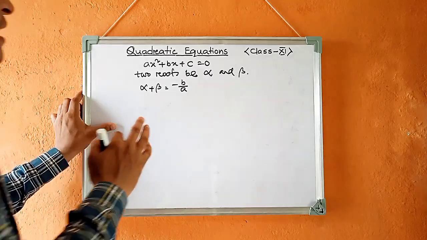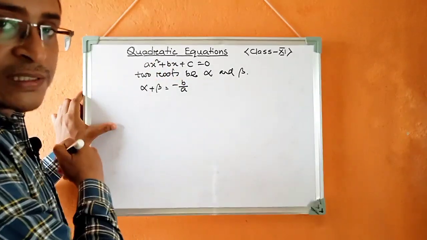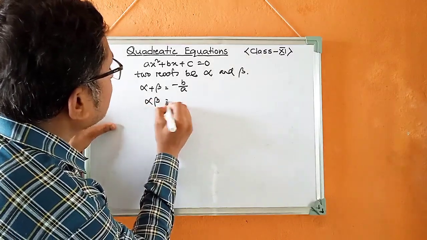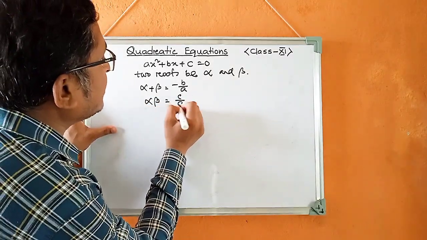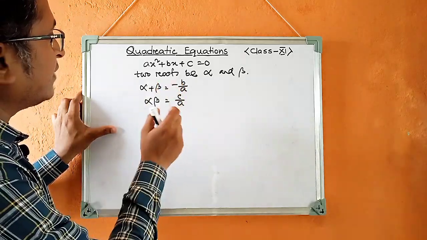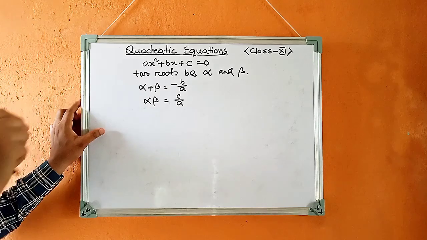That means minus the coefficient of x divided by the coefficient of x square. Now the product of the roots, that means alpha beta, is equal to c divided by a. That means the constant term divided by the coefficient of x square.